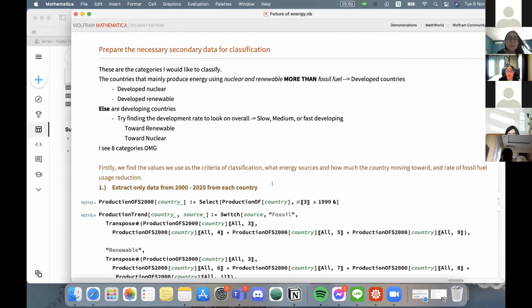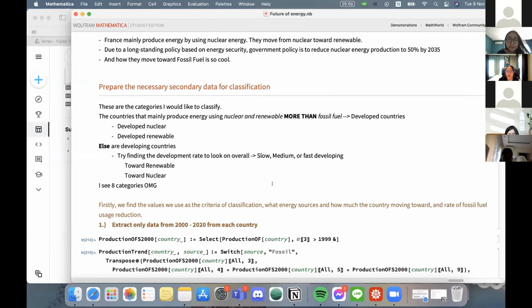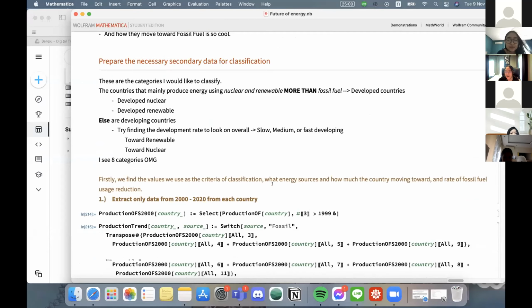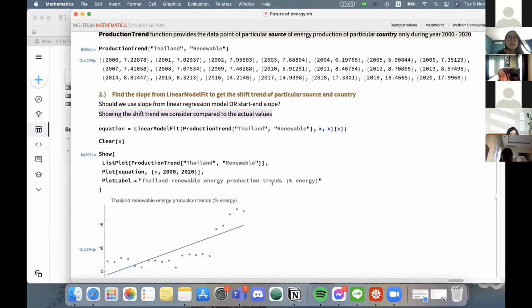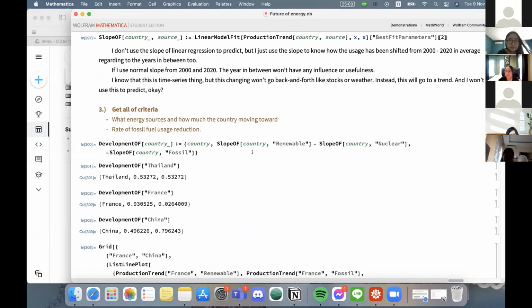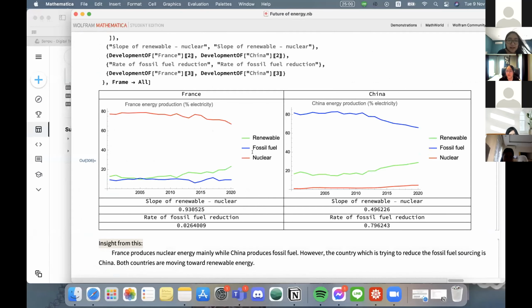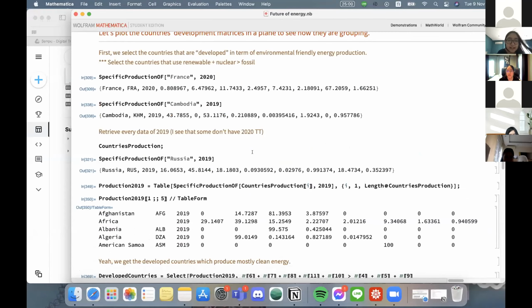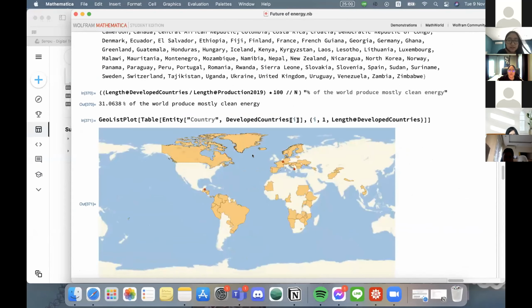Then I wanted to find some trends: which way the countries are going, by using a linear model fit. This is the plot of each year, and I use the linear model fit to find the slope, or the progression of their development.